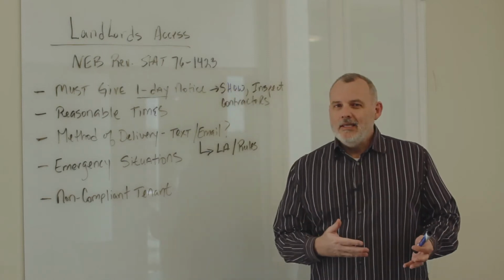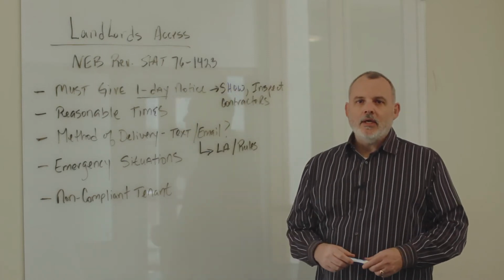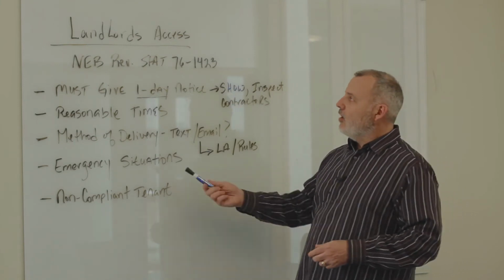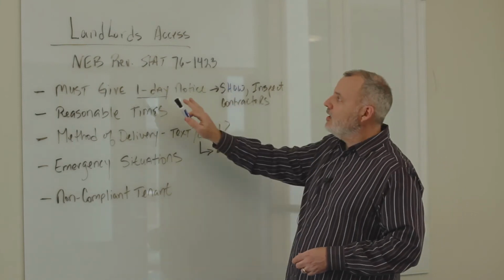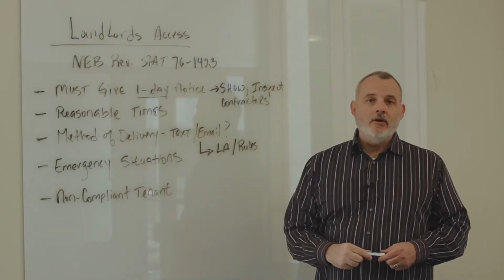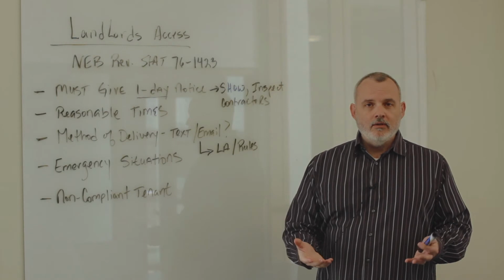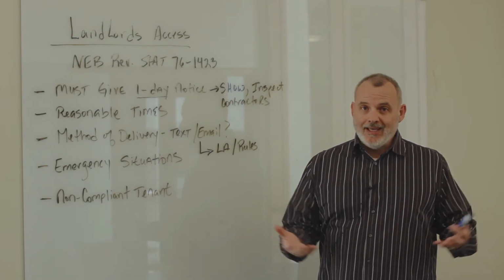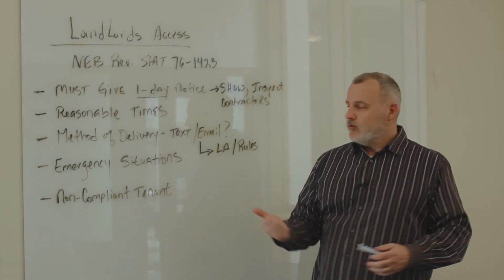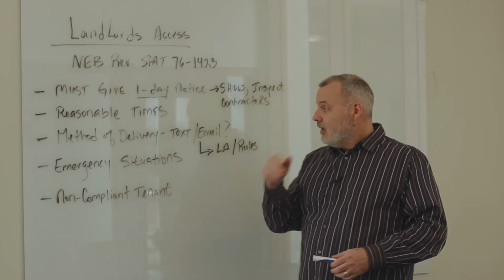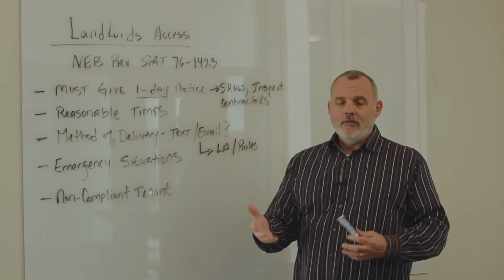A question I get is, emails, text, is that okay? It depends. If it's in your lease agreement for what I call minor notices, and I would consider access to the property a minor notice, texts are okay as long as the tenant and the landlord agree to it, and you want to make sure that it's agreed to in writing, i.e. in the lease or community rules. Email is a very common way to deliver notice of maintenance and those type of things.